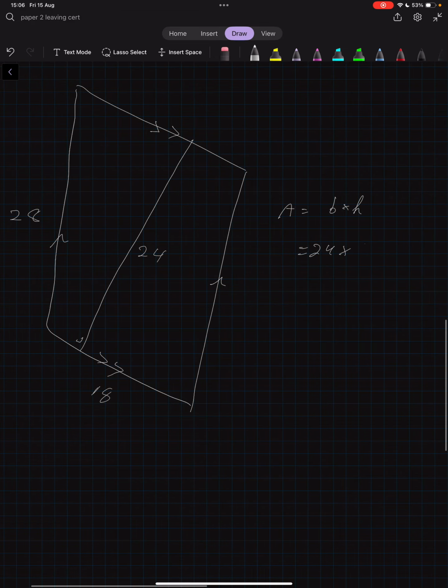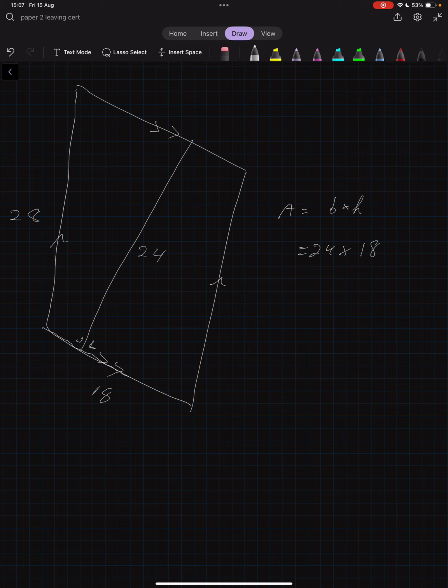The answer is 18. The base is always the side that the perpendicular height is perpendicular to. Okay, so that's why it's 18 in this case. So just be careful not to multiply by 28. The base is always the one that you're looking at right angles. If they told you, sorry, I can't do that in my head.